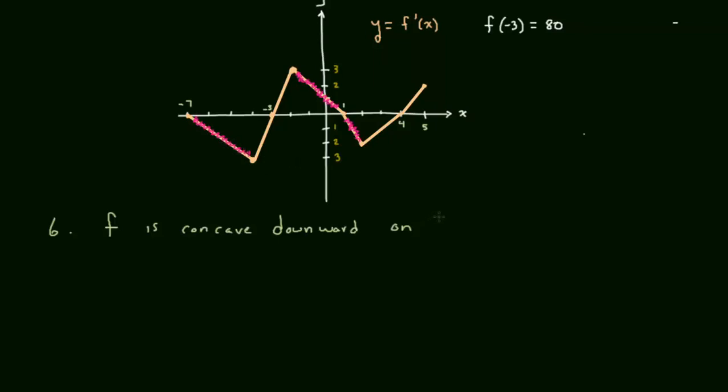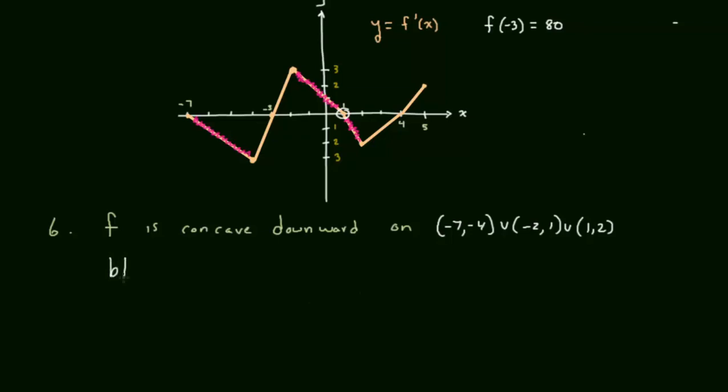So concavity is always expressed with parentheses. So from -7 to -4 in union with -2 to 1 in union with 1 to 2. Notice that I broke it because of this corner here. Technically, the second derivative does not exist at that corner, and so the concavity cannot be described.